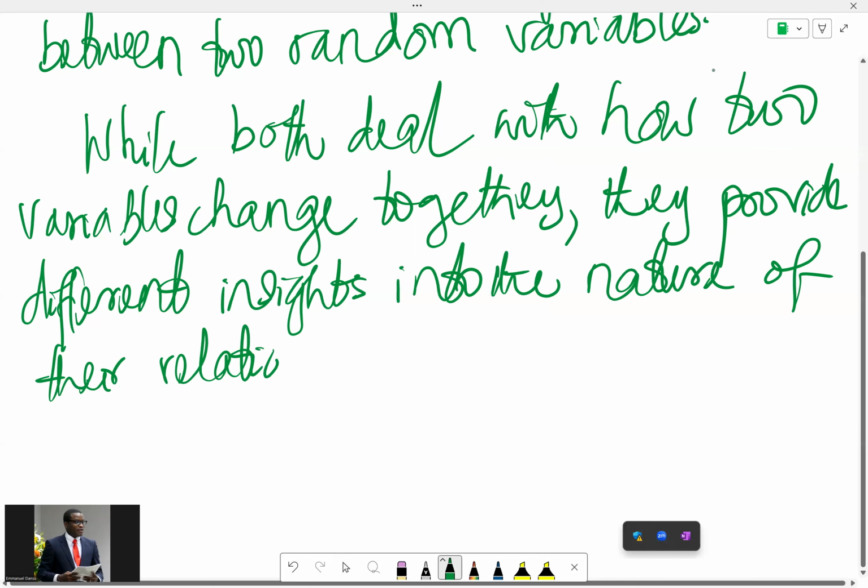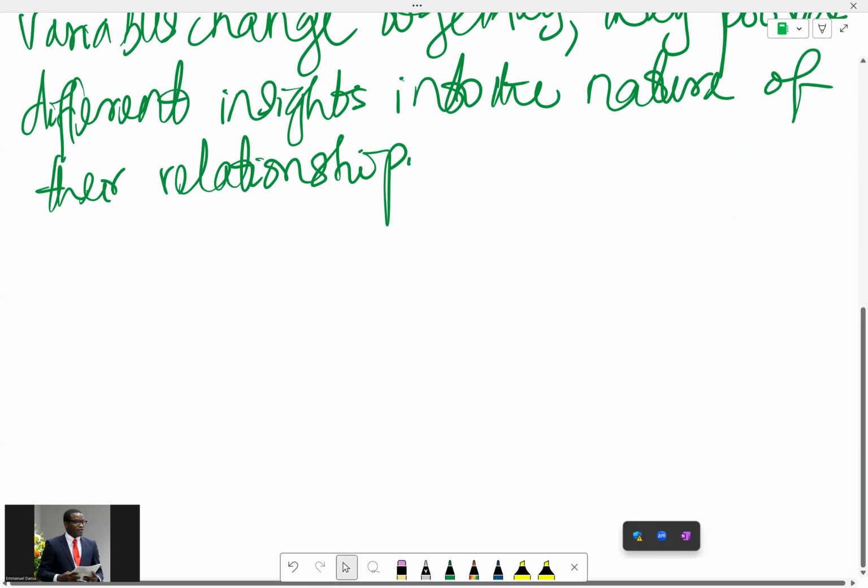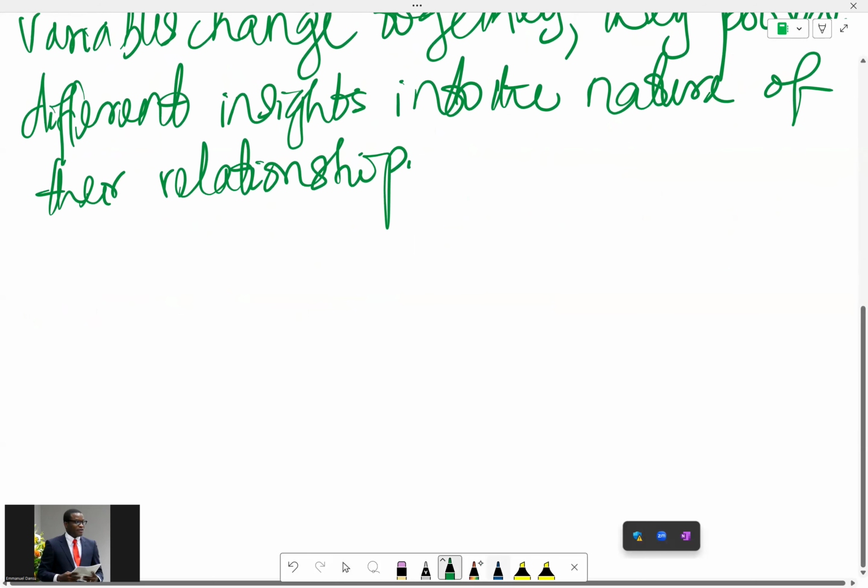In essence, both covariance and correlation tell us how two variables change together, but each one of them has a specific way of telling us about that relationship. And that is why it is important to look at each of them in turn.